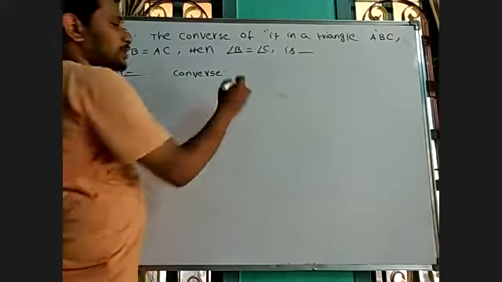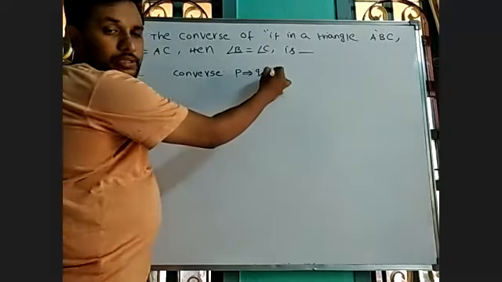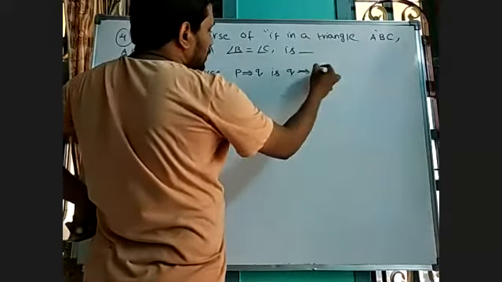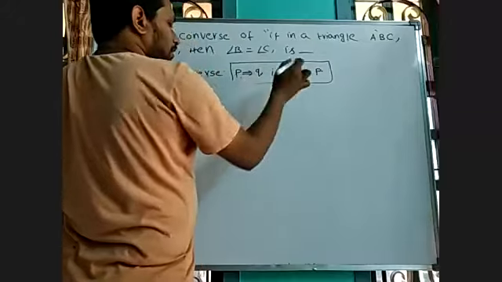Converse means P conditional Q becomes Q conditional P. They give this one, we write it like this.